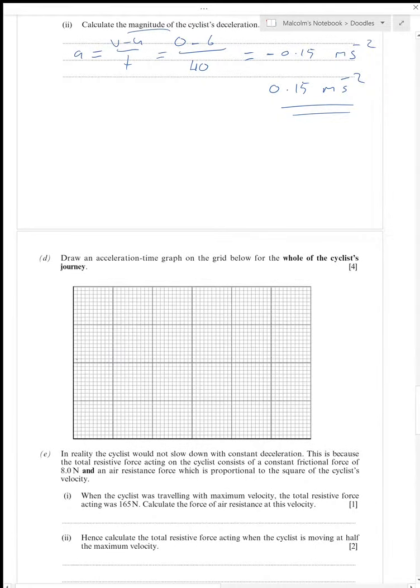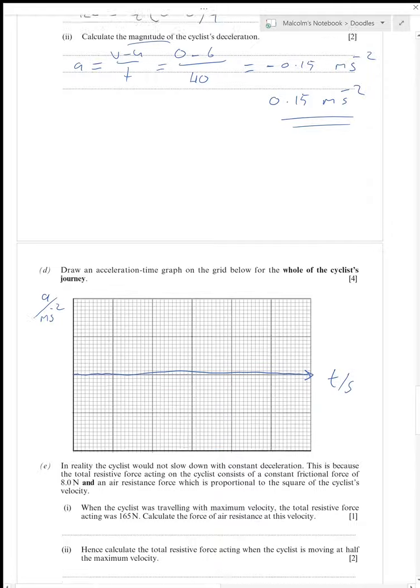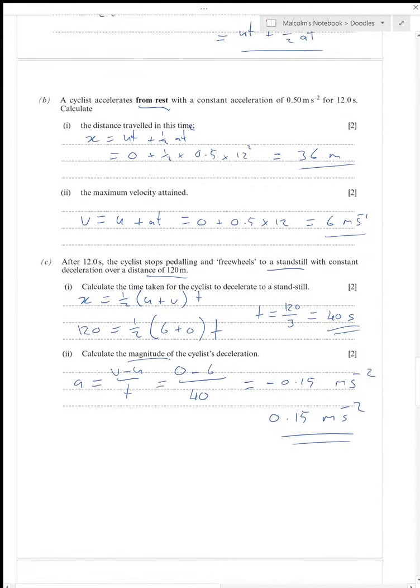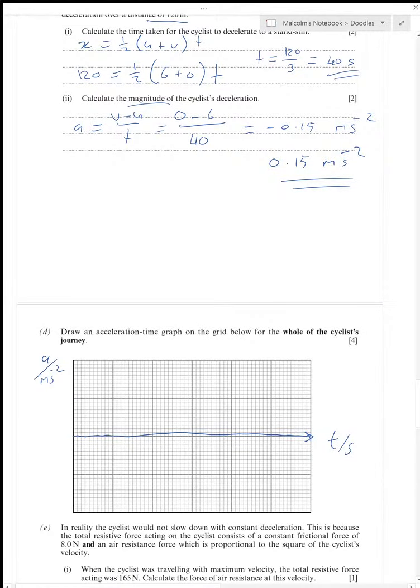So this grid below, the first thing we need is an x-axis. I'm sure I could manage to find a ruler or something, but I'm not gonna. So this is time, and we'll have acceleration in meters per second squared on the side, time in seconds. We're going to need an appropriate sort of scale for this time axis. So the total sort of journey time here is 52 seconds. So if I go up in tens, that should give me enough room.